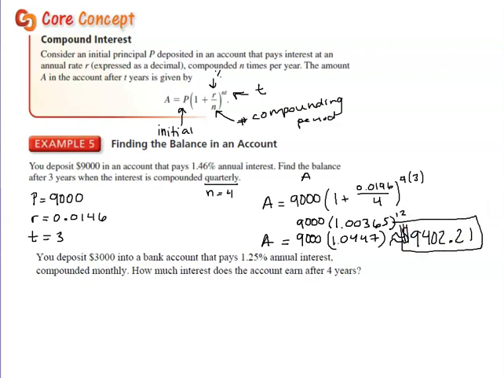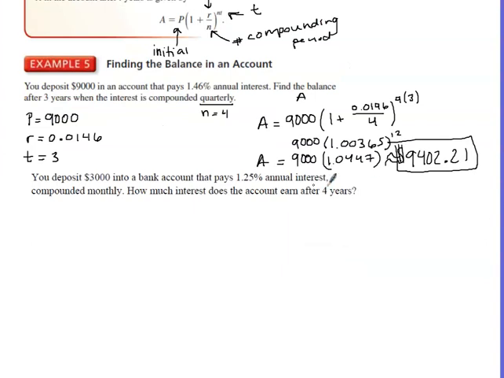Go ahead and take a moment, pause the video, and try that next one on your own. You deposit $3,000, so P is 3,000, into an account that pays 1.25%, so R is 0.0125.